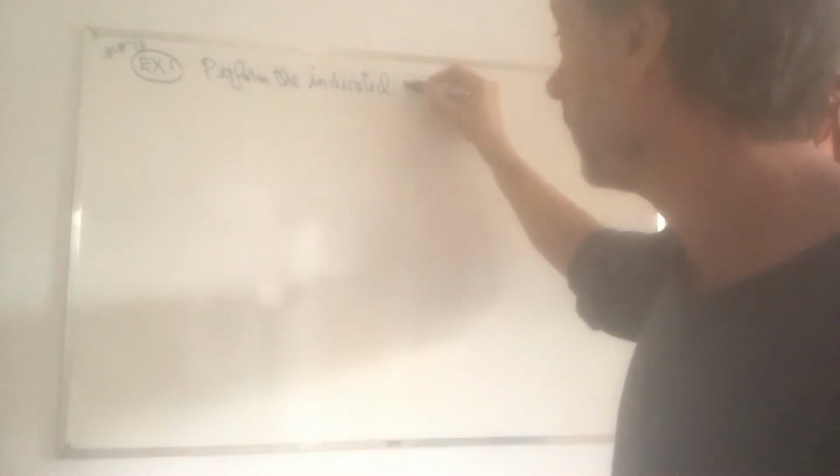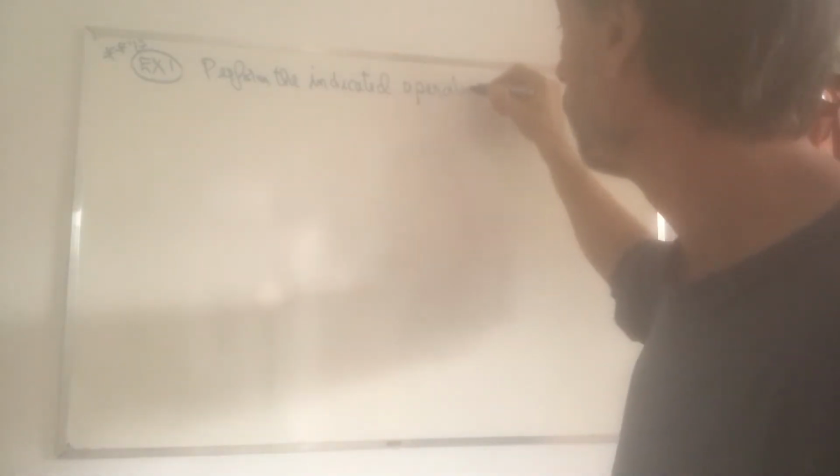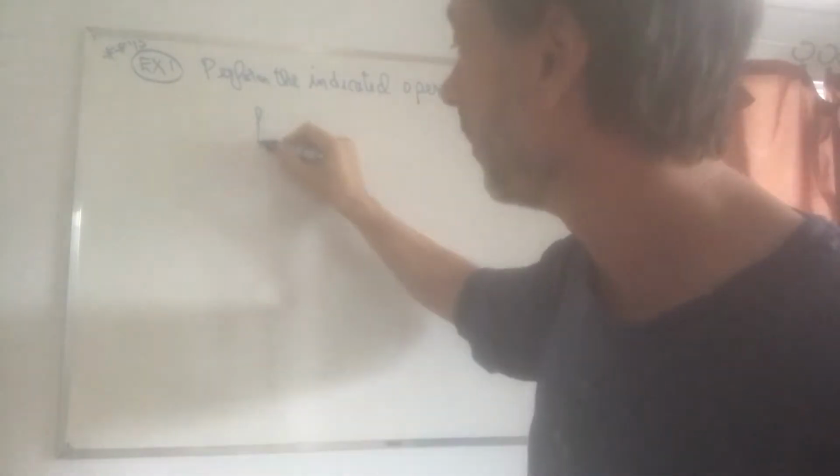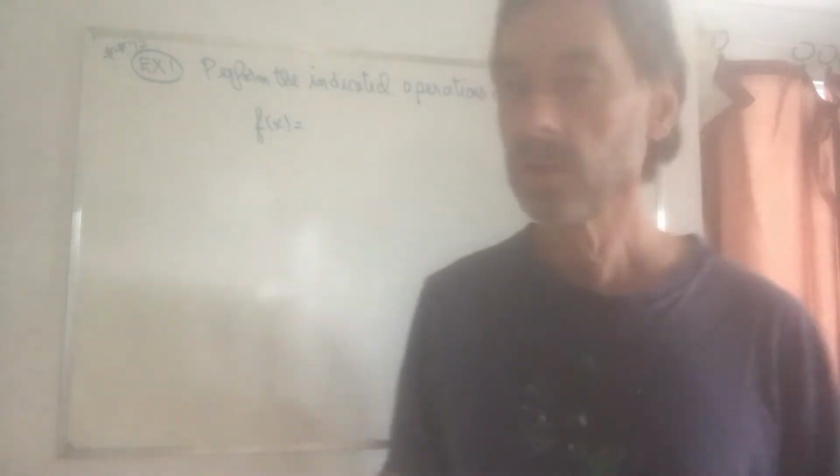So, example 1. Perform the indicated operations on, I'm going to give you an f and I'm going to give you a g, and we're going to play with that a little bit.